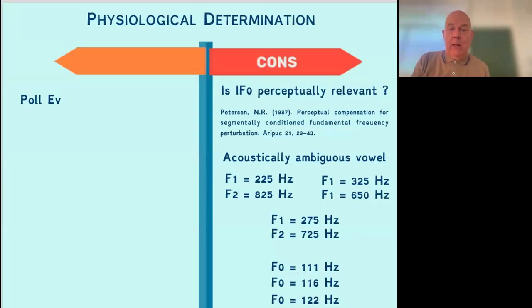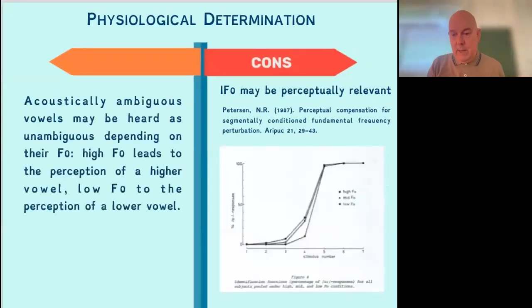Basically, and obviously we have here just a couple of examples, but Reinhold Pedersen, in fact, had, if I see that well, 7 different acoustic vowels.